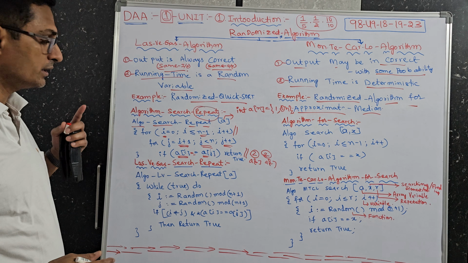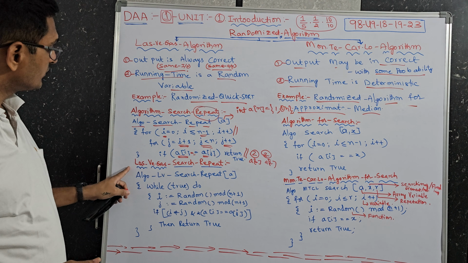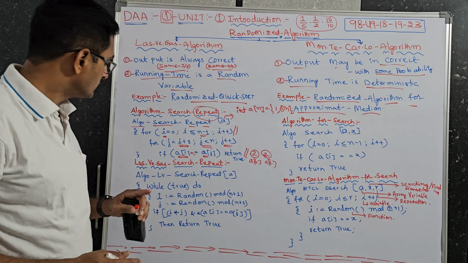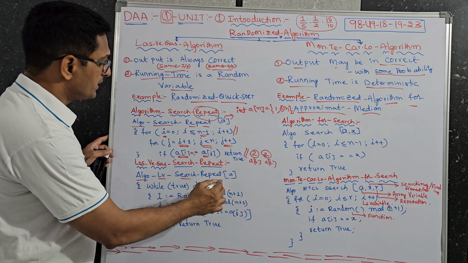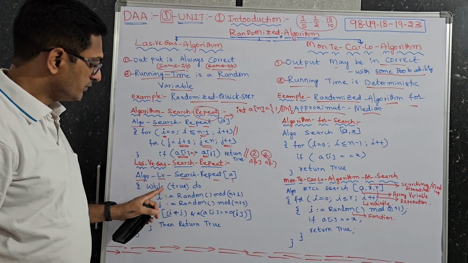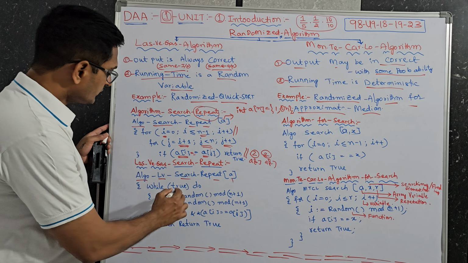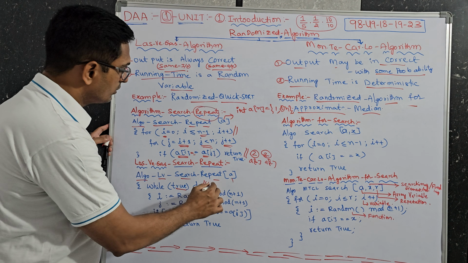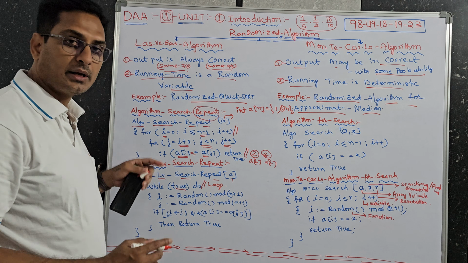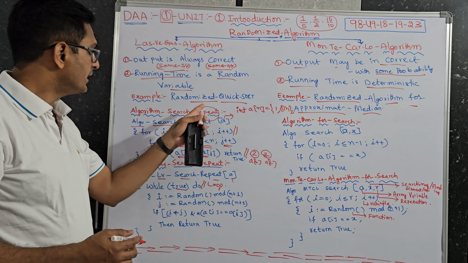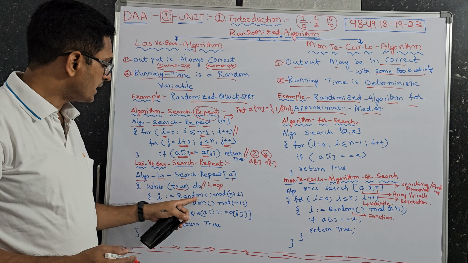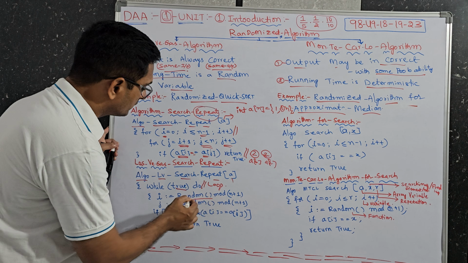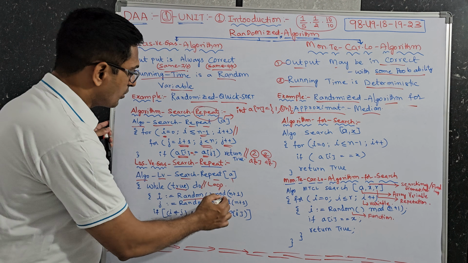This is the general algorithm. For this, the Las Vegas search repeat algorithm is: Las Vegas Search Repeat A. Here we write a loop: while true, a repetition for finding repeated elements. I is equal to random, which is a function, mod n plus 1.